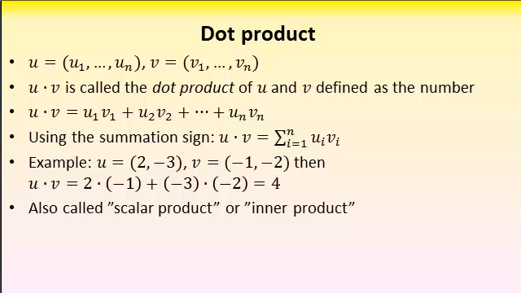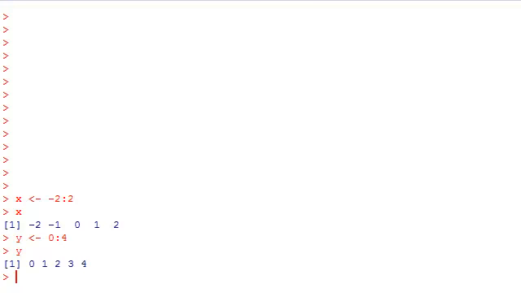In the terminology scalar product, scalar doesn't refer to me doing multiplication with a scalar. It refers to the result of u dot v being a scalar. And the dot product is also sometimes called the inner product. There's also an outer product, which we will look at later on.